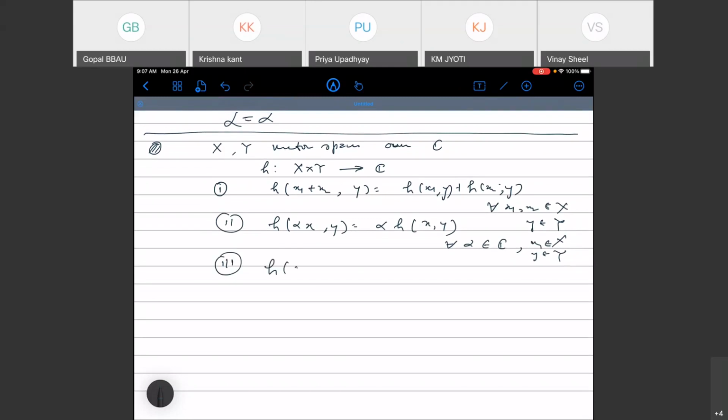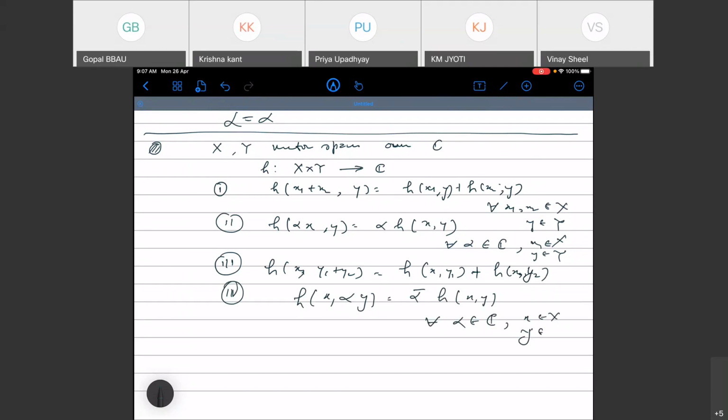So this means h(x, y1 + y2) = h(x, y1) + h(x, y2), and h(x, alpha y) is nothing but alpha bar h(x, y). This is true for all alpha in C, x in X, y in Y.